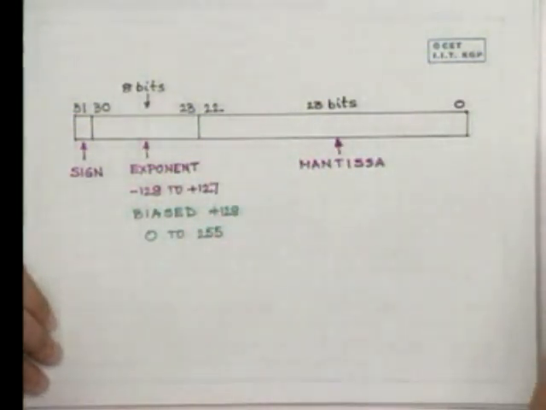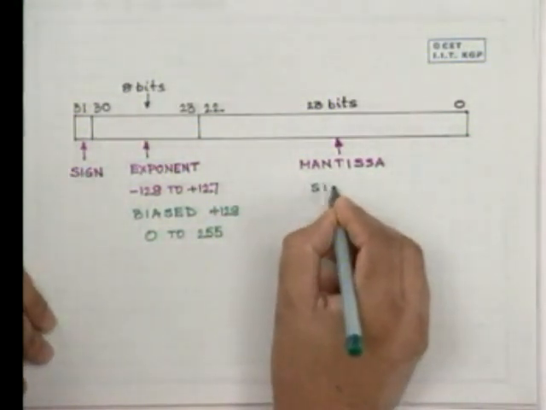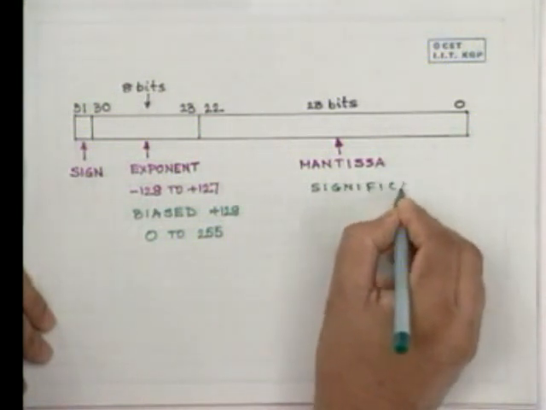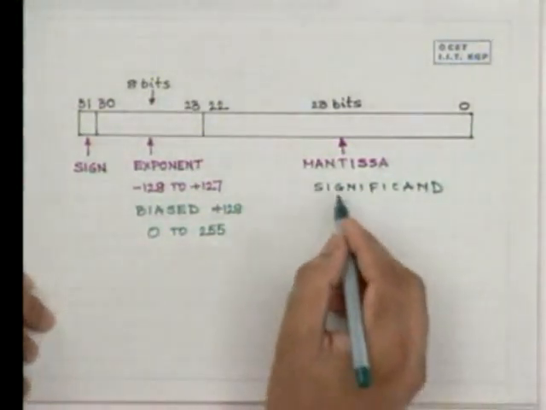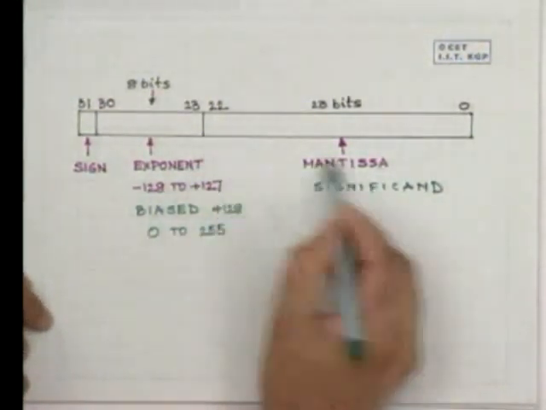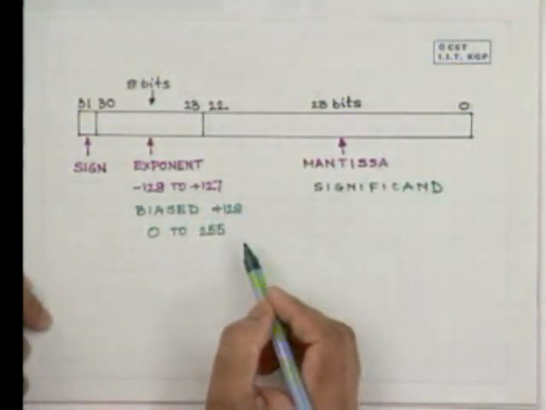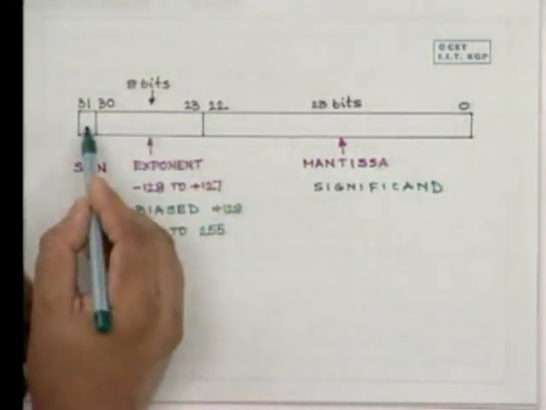That mantissa in some books is also called significand. So there are 23 bits we keep for the significand, 8 bits for that exponent, and 1 sign bit.